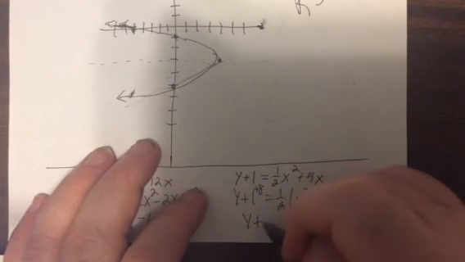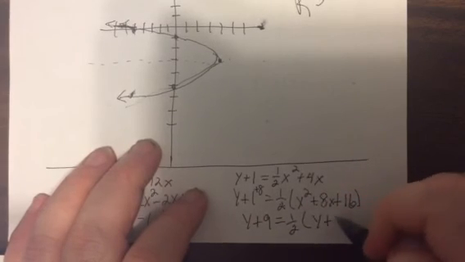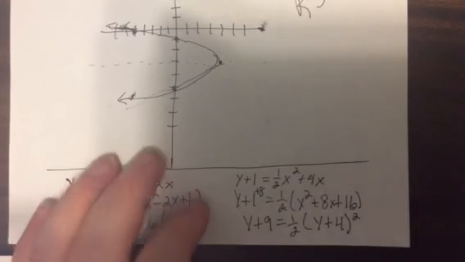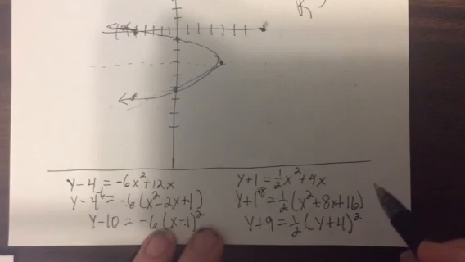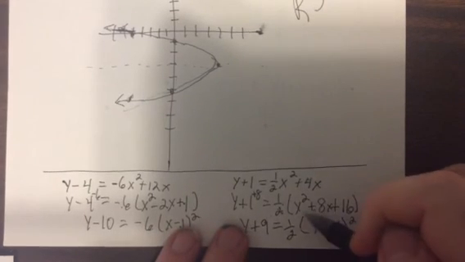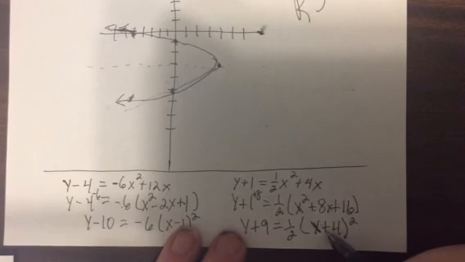So y plus 9 equals 1/2 times (x plus 4) squared. So the vertex is (-4, -9). That's supposed to be an x, but I am so sloppy.